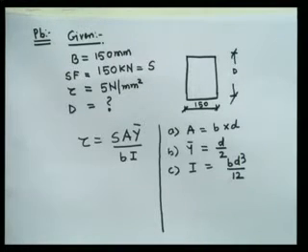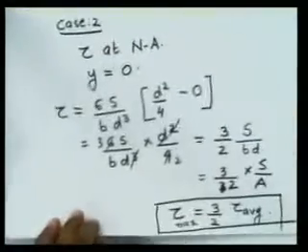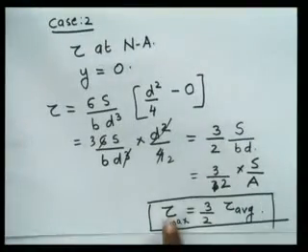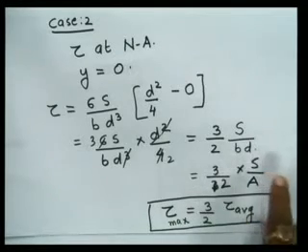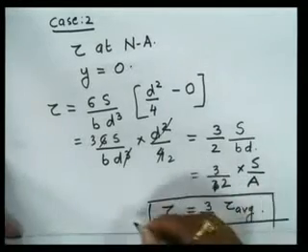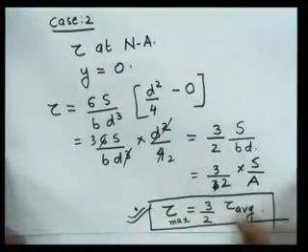Another way of solving the problem is, if you remember what I told you, that tau max is maximum at the neutral axis, and the formula is 1.5 tau average. And what is tau average? Tau average is nothing but shear force upon area. So I can use this formula. It will be very, very simple for me.